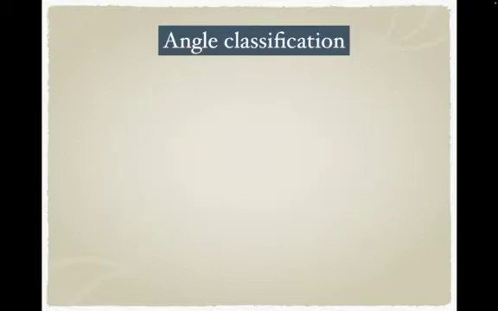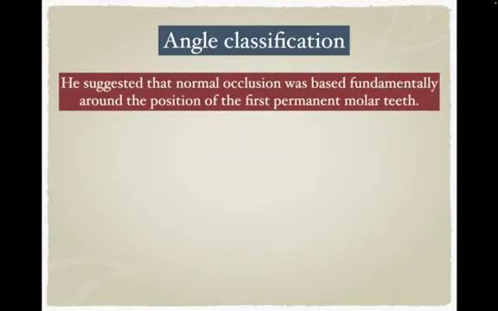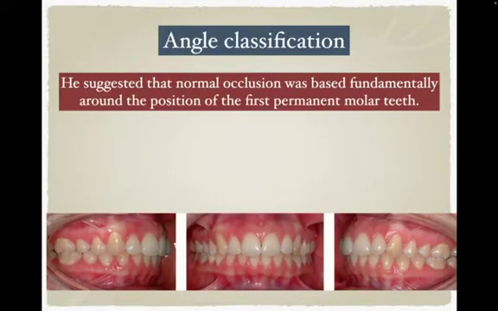The first one to describe static occlusion was Angle. Angle classified malocclusion according to the molar relationship. He suggested that normal occlusion was based fundamentally around the position of the first molar. If you get your first molar into class 1 in the Angle classification, then all the other teeth will be aligned properly.